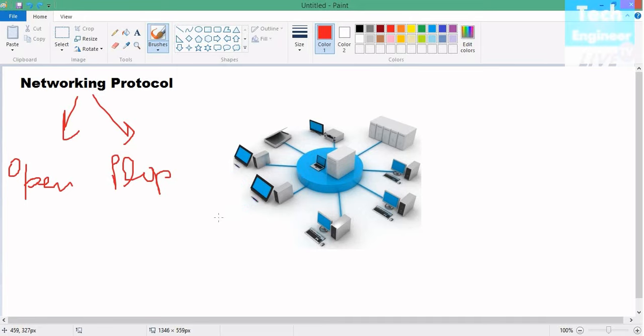During the initial days, vendors started building computers, and different vendors started creating different types of proprietary protocols.